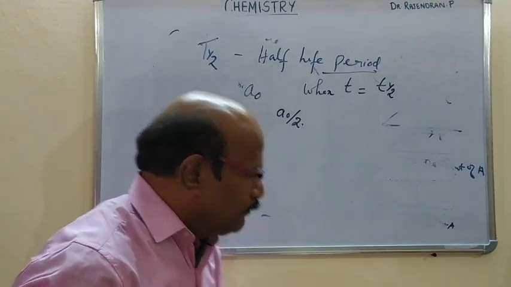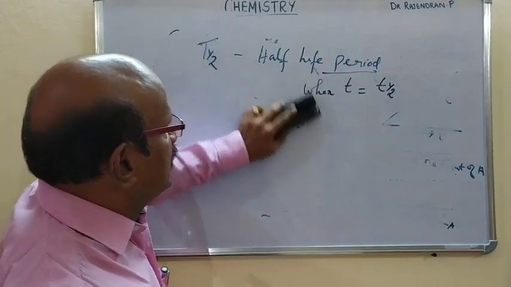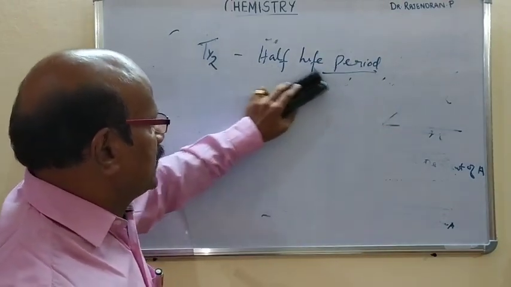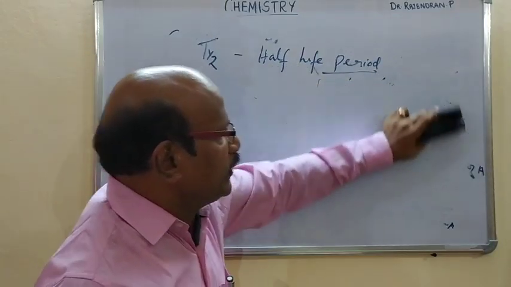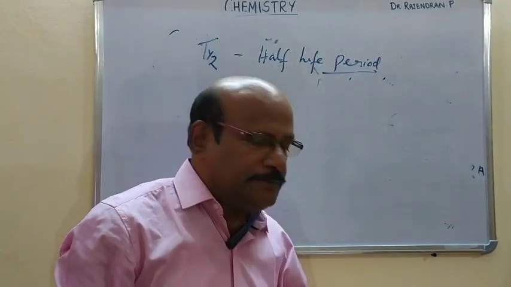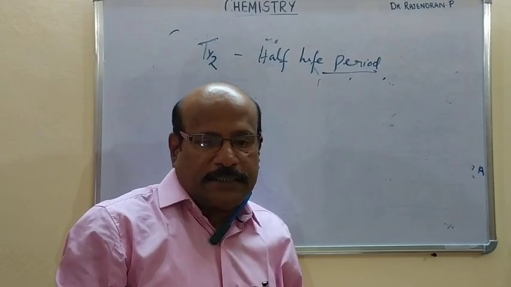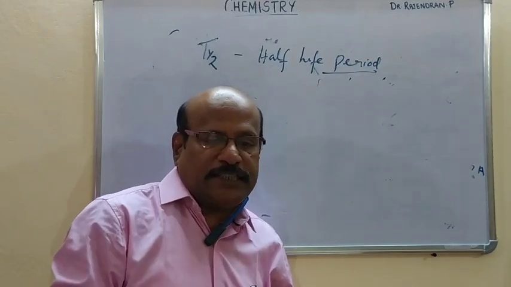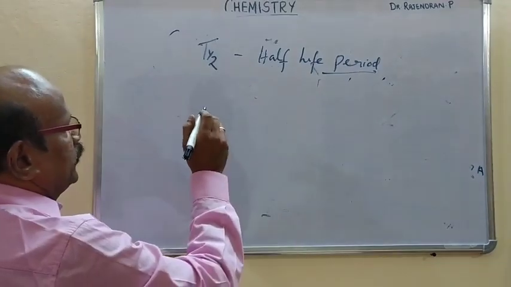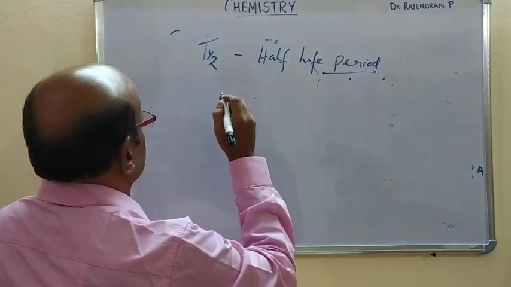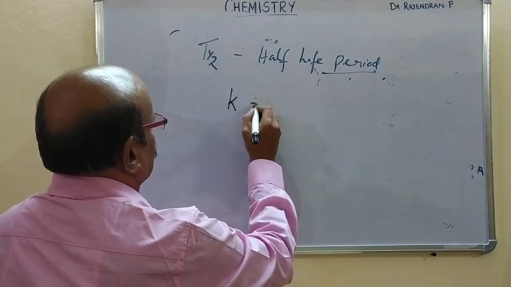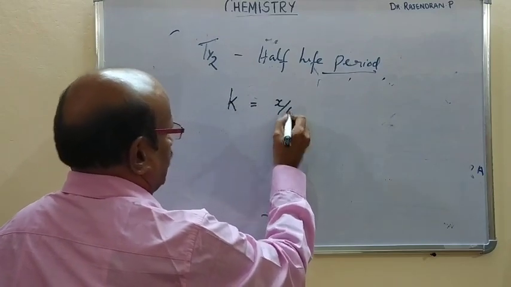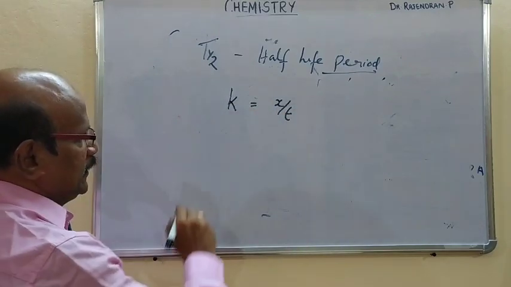This is an important quantity in kinetics. The half-life is the time by which the amount of the reactant is reduced to half of its initial value. So we make use of the equation k is equal to x by t for a zero order reaction.